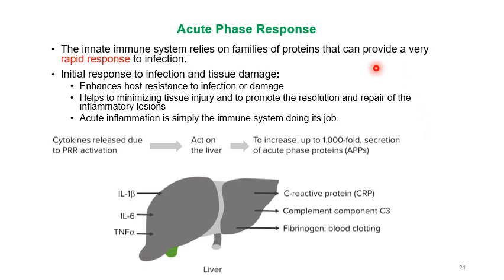Okay. So we know that this acute type of inflammation has to be very fast, right? And what is it going to do? First it's going to recruit cells. They're going to help you kill the pathogen that invaded the tissue. Then it's going to try to minimize the damage and try to isolate the pathogen to one specific area, okay?